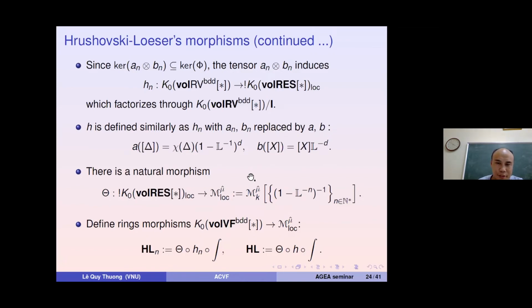This is very obvious. So we take the composition of the integral morphisms and the natural morphisms. We get SLN and SL, which are ring morphisms from the Grothendieck ring of the category Vol VF bounded to the Grothendieck ring of varieties.